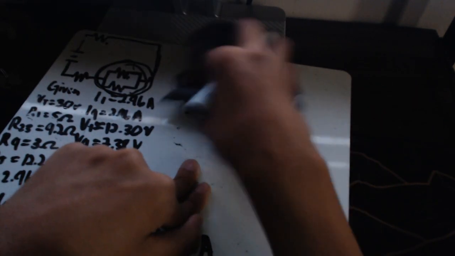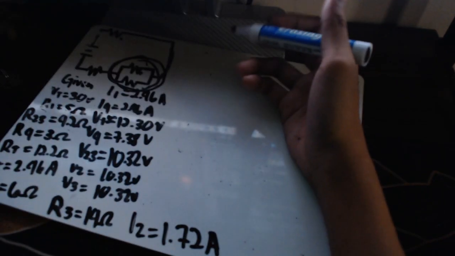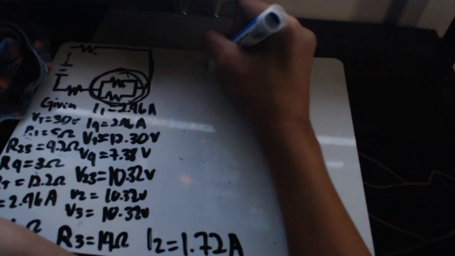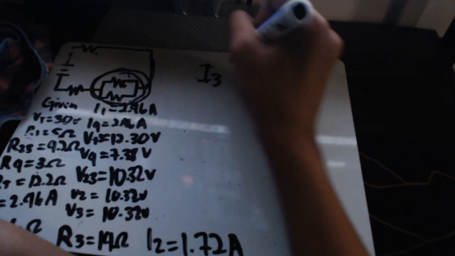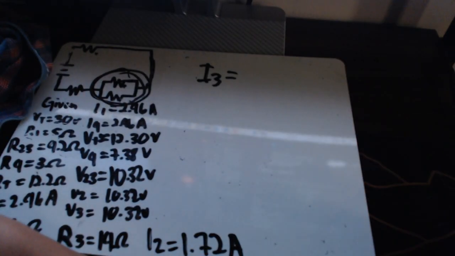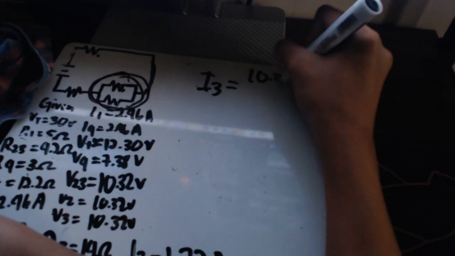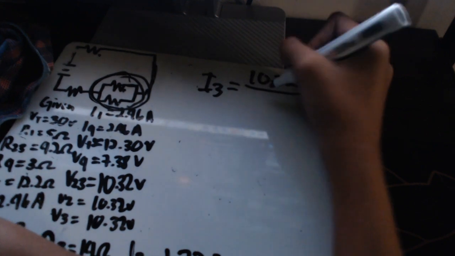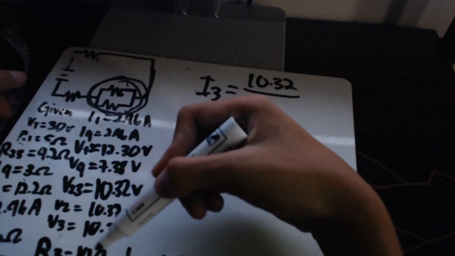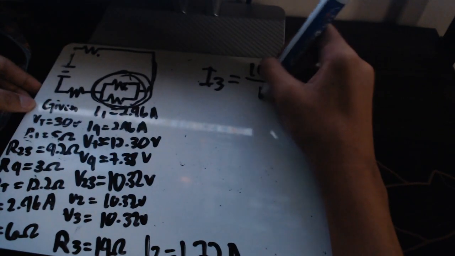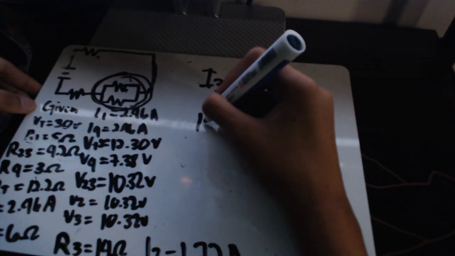And what's next after I2 is we gotta find the I3 now. Since we know, we gotta just substitute it. It's just like the I2, 10.32, and now the ohms for I3 is 14 ohms. Substitute it, divide.